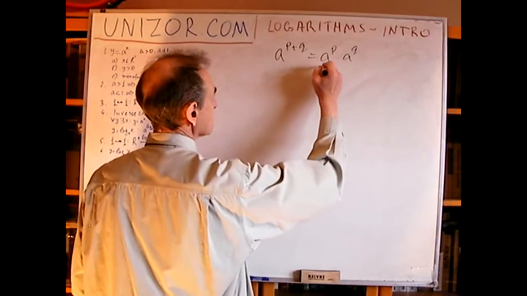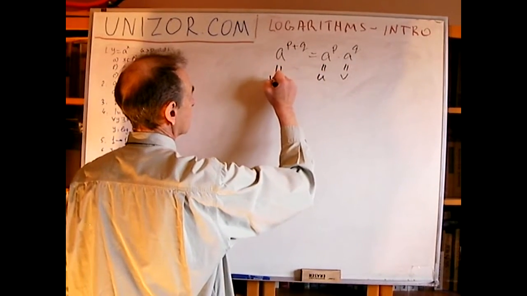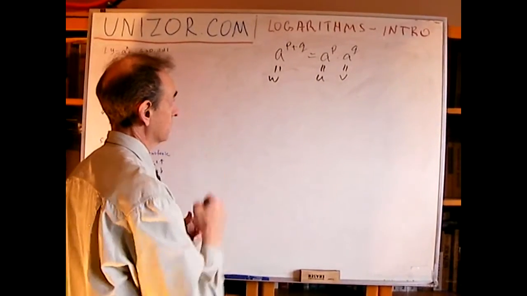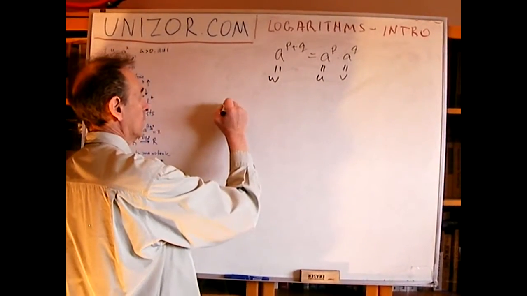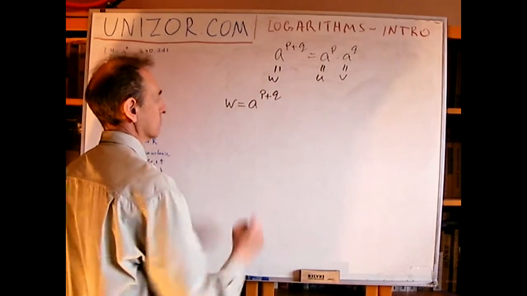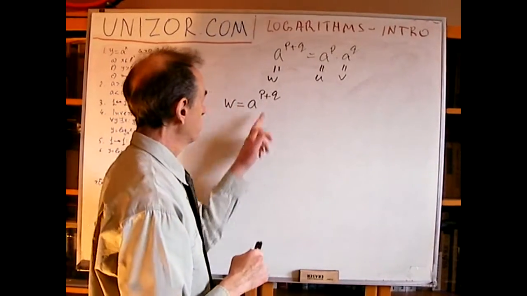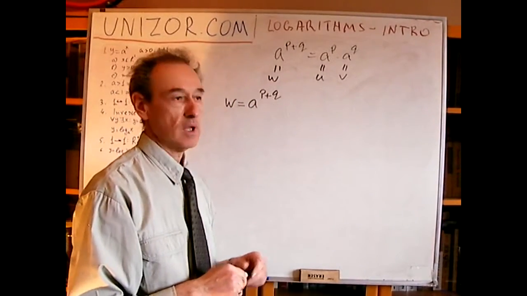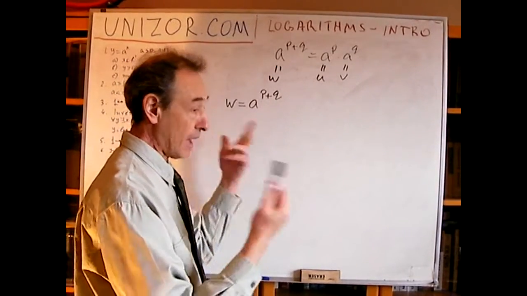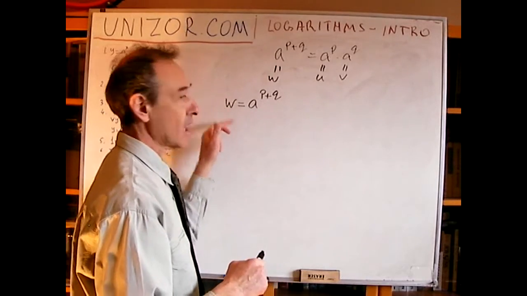Let's call this u, this v, and this w. So, what can I say? Well, w is equal to a to the power of p plus q. Now, what does it mean? p plus q is an exponent, the power I can raise a to, to get w.